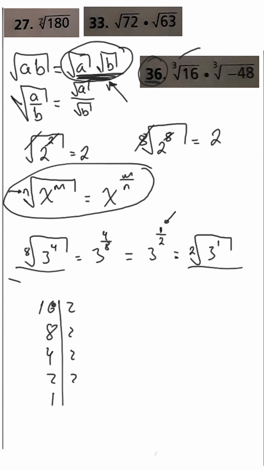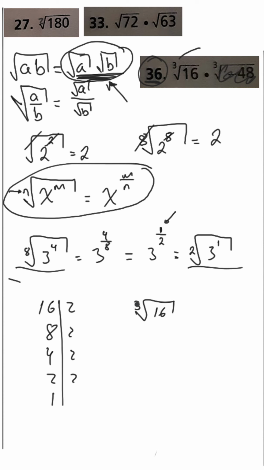And you can always check that you are doing a correct factorization if you multiply all of these numbers. So 2 times 2 is 4, times 2 is 8, times 2 is 16. So it's done correctly. Now, since we are talking about a cubic root, I don't care right now about the other one. You can do the other one calmly.